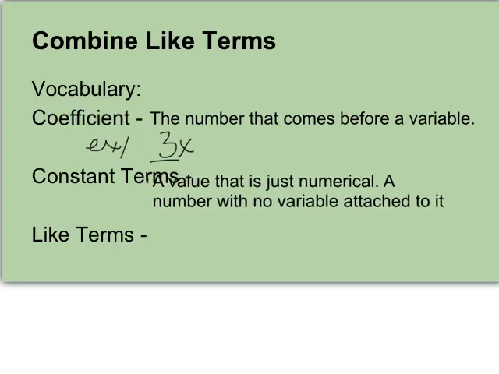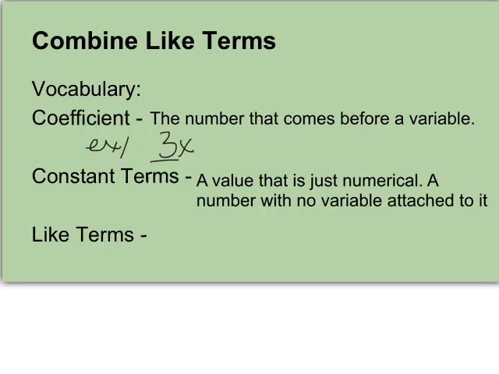Okay, so let's put that where it goes, resize it a bit. A value that is just numerical, a number with no variable attached. So an example of that would be, in the expression 2x plus 2, 2 is a constant term. It's a number with no variable attached.